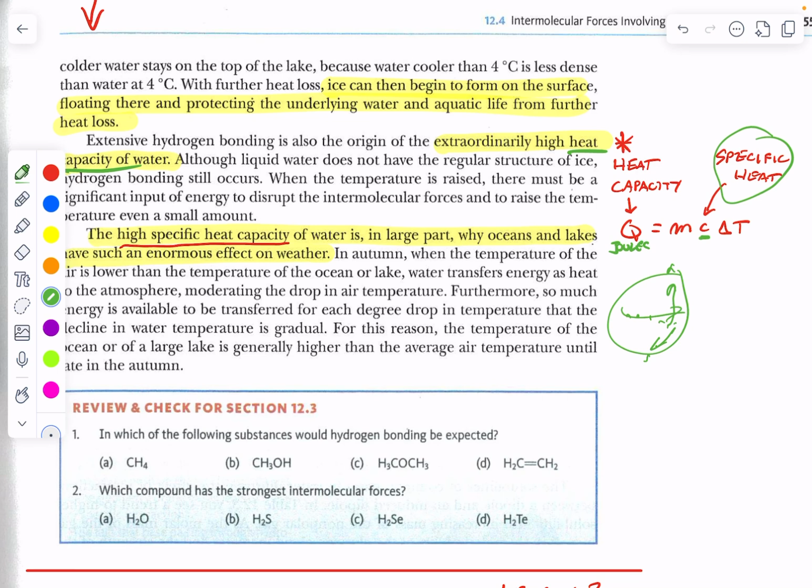Here's another example. If we have a body of water right here, and we have the sun up here smiling at us during the daytime, the sun is going to heat up the land, and it's going to heat up the water, but the water is going to heat slowly because of its high specific heat, and the land is going to heat up very, very rapidly and be almost too hot to walk on the beach. So as a result, you have super hot air here, which begins to rise.